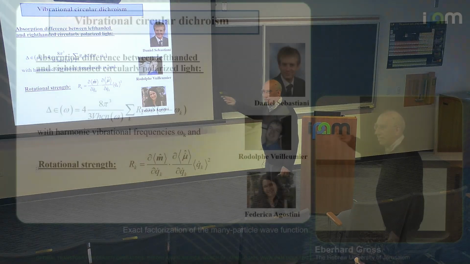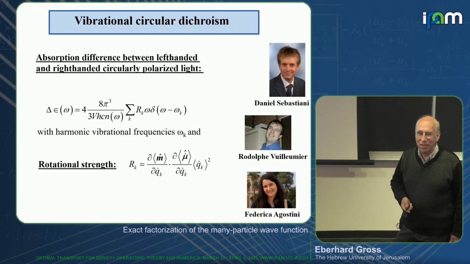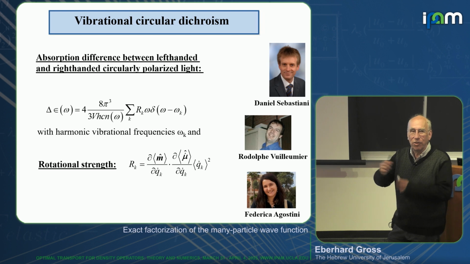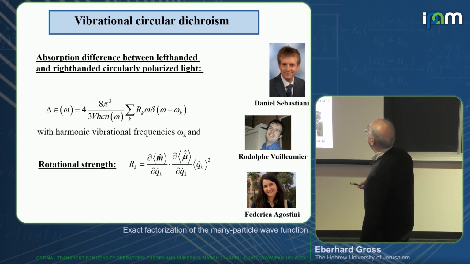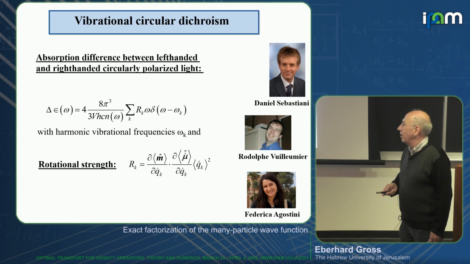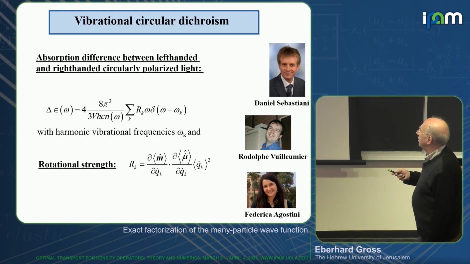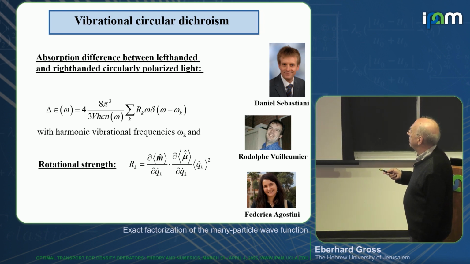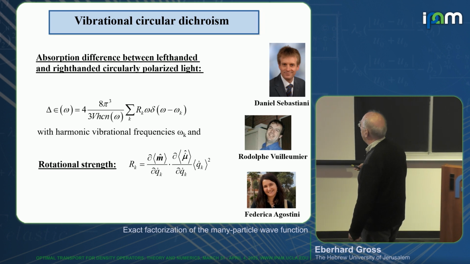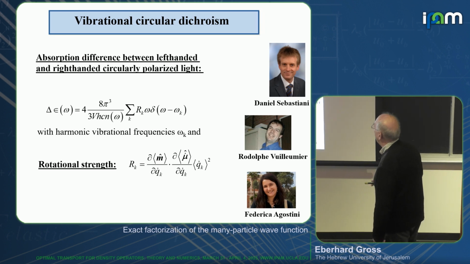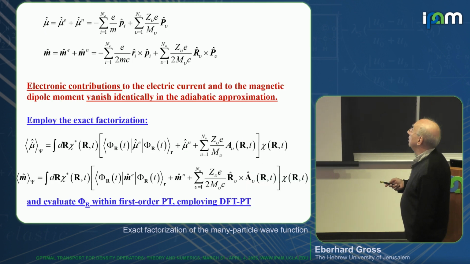Maybe not. So this is just a demonstration where this electronic current density is important in the real world, and this is a particular phenomenon that's known as vibrational circular dichroism, where the interesting quantity is this so-called rotational strength, which involves the magnetic dipole moment and the time derivative of the electric dipole moment.